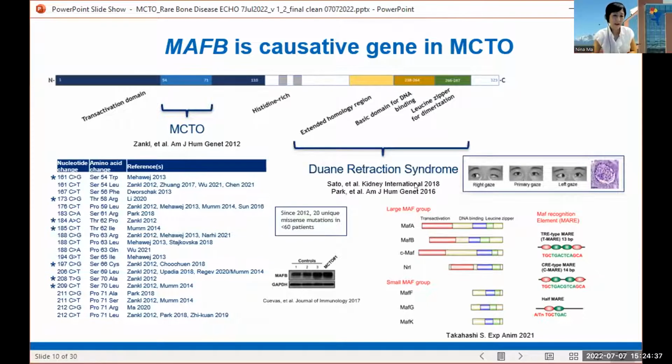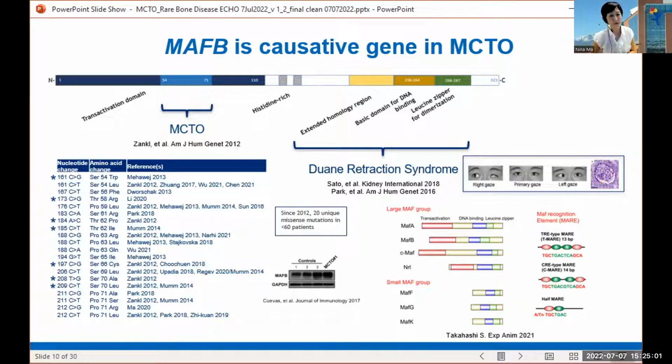Additional evidence that MCTO mutations may represent gain of function comes from studies in Duane retraction syndrome. This is a congenital oculomotor disease characterized by impaired horizontal eye movements and FSGS. Patients with this condition also share mutations in the MAFB gene, but they occur in a different part of the gene.